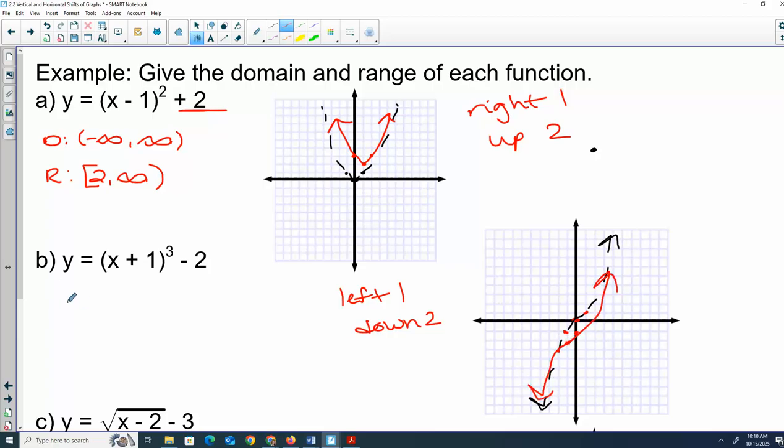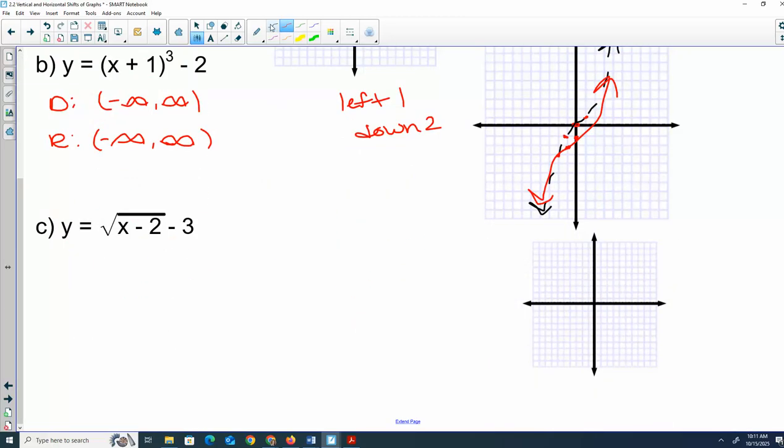What's my domain? Yep, chair keeps going both directions. My range, one end's going up, one end's going down. So, if you remembered what the chair looked like, could you have identified that before? Yes. If you don't, does it take that long to sketch the graph? No.